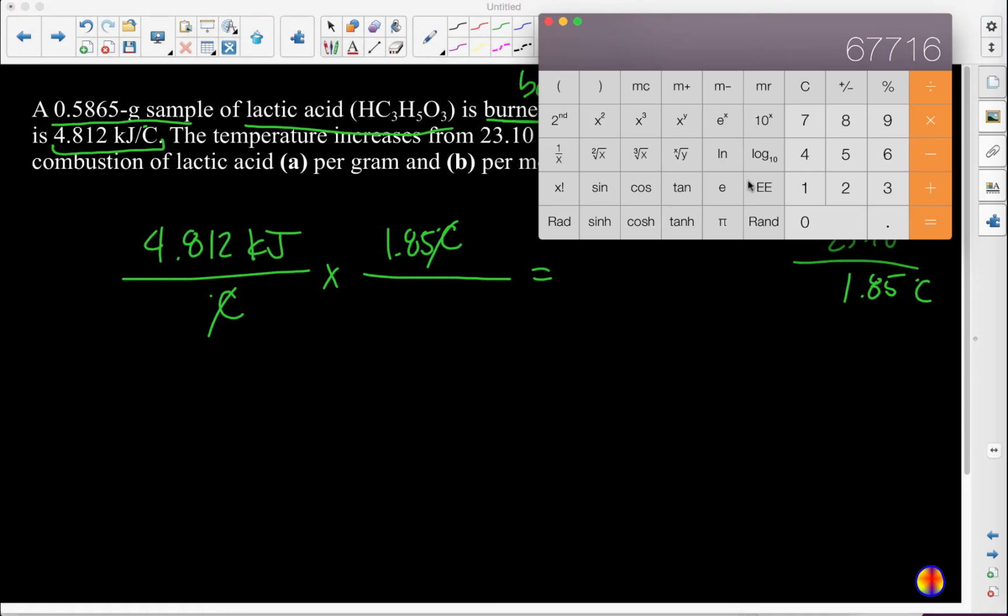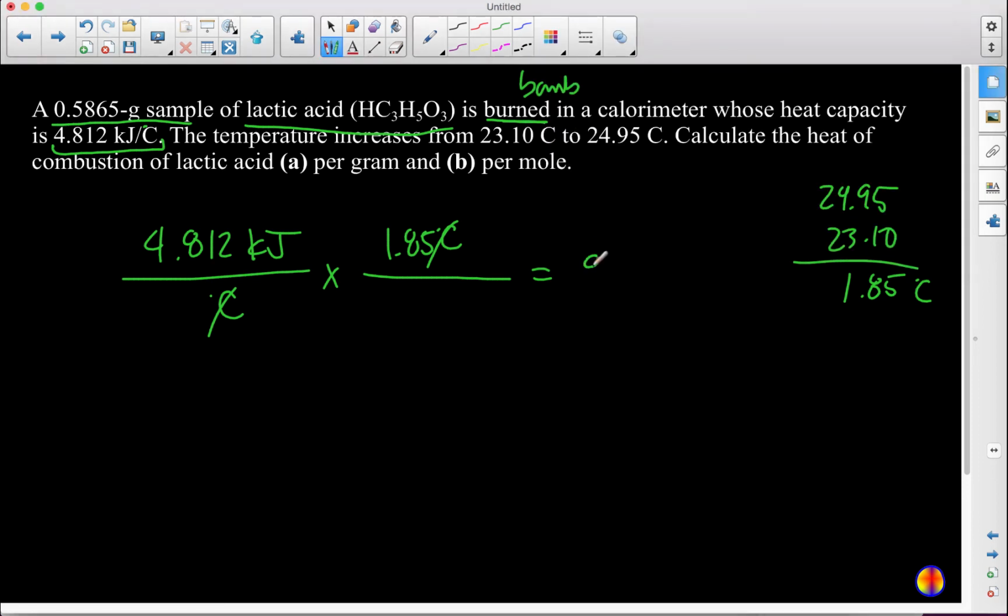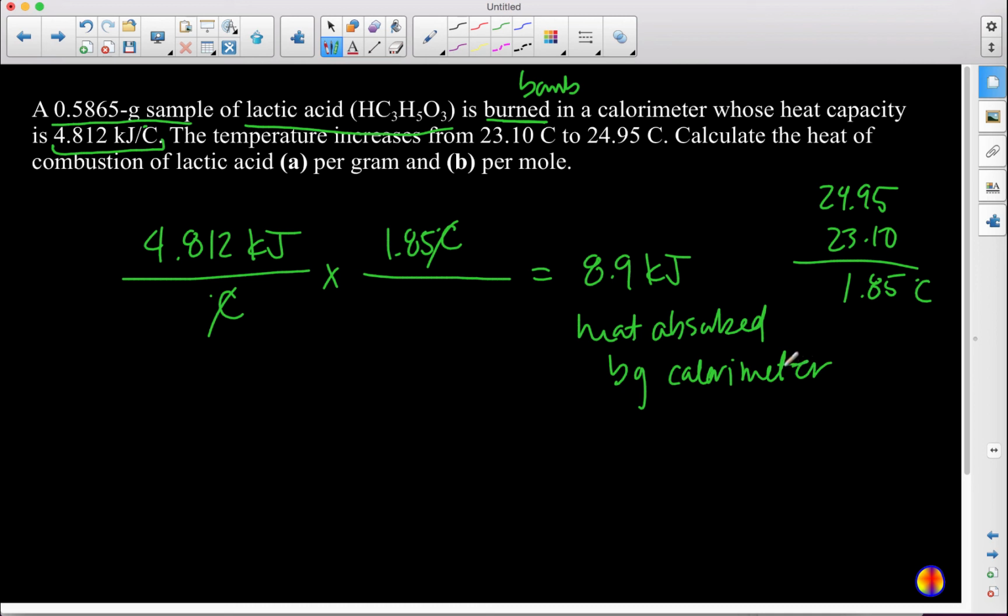If we do this, 4.812 times 1.85 is going to give us 8.9 kilojoules. So that's the total amount of heat absorbed by the calorimeter. Which means that that heat, ding, ding, ding, was released by the combustion process.